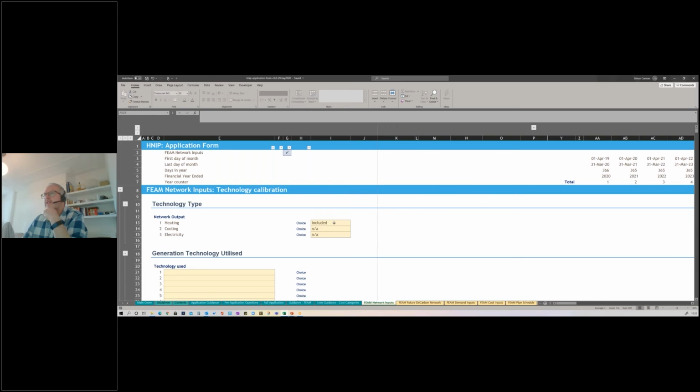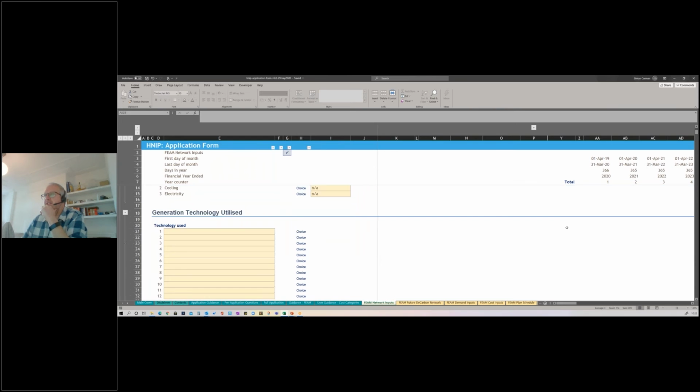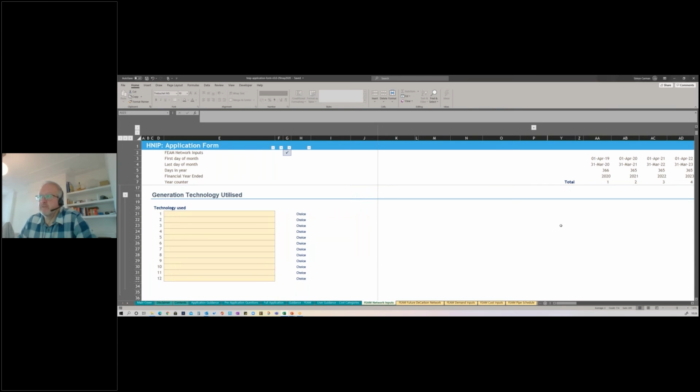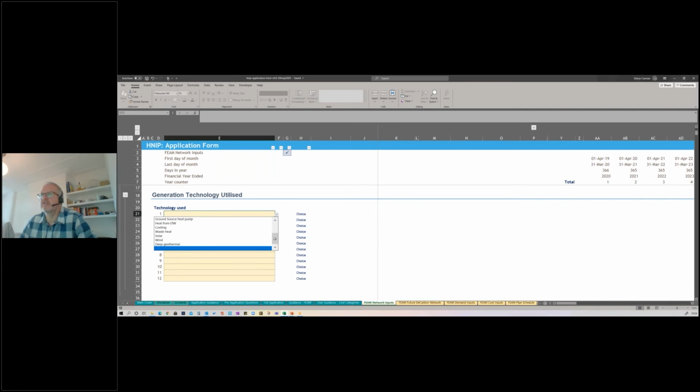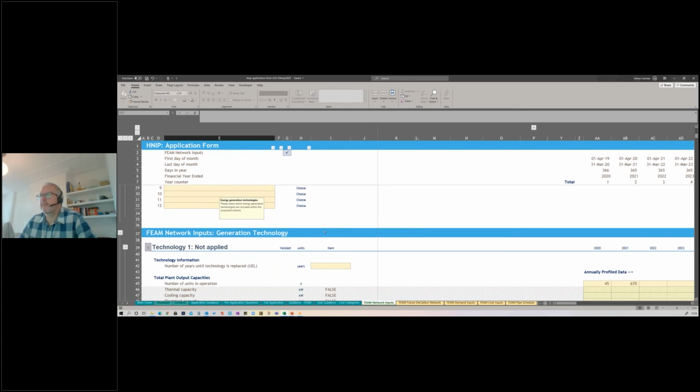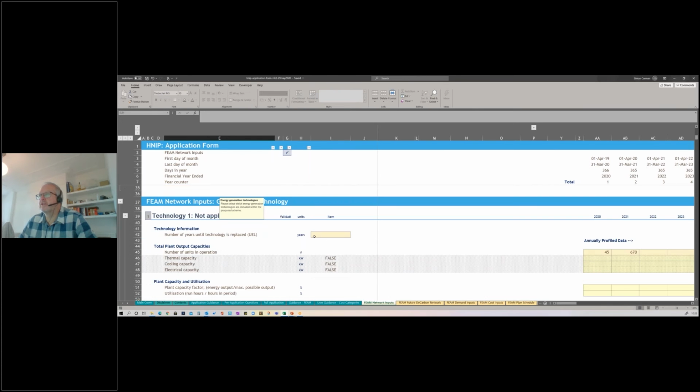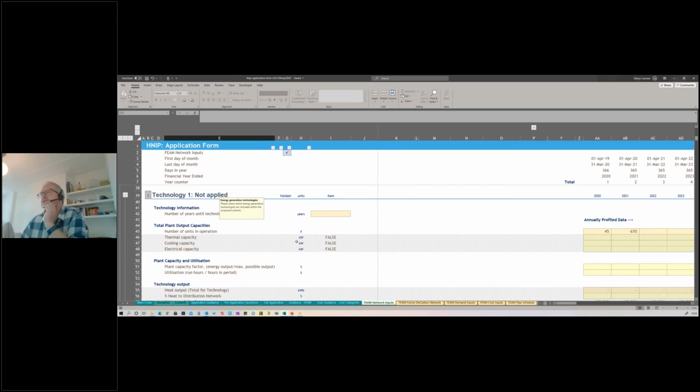You say whether there's heating or cooling and electricity included, and it works a little bit like the rest of the application form, in that if you choose to include things, then it opens up the opportunity to put information in. So there's an energy generation technology choice type, and the units are in column H as typically.